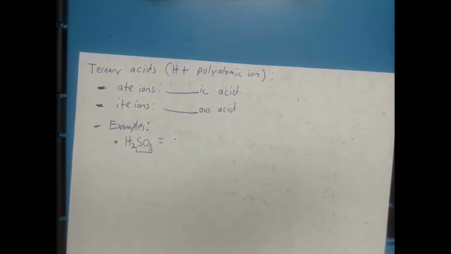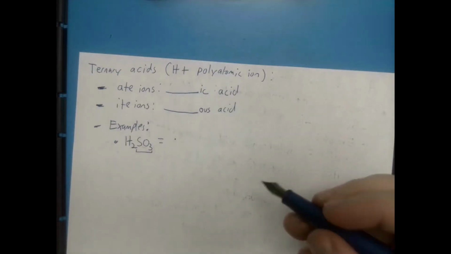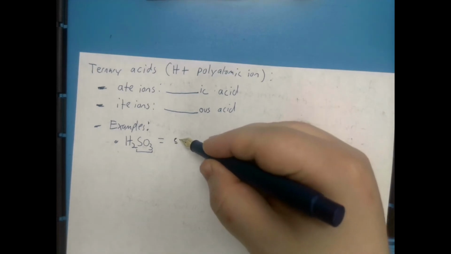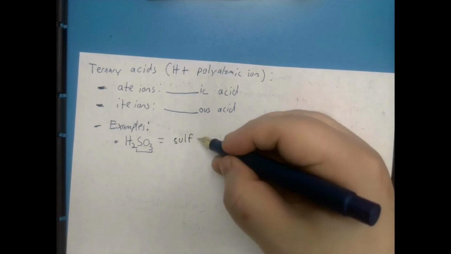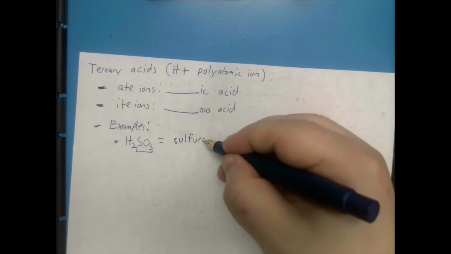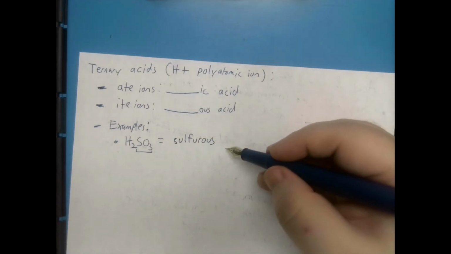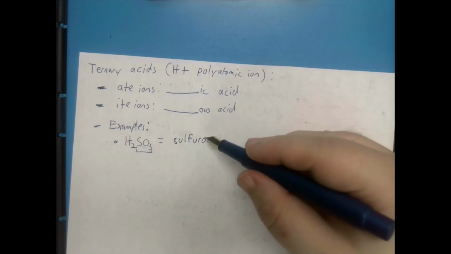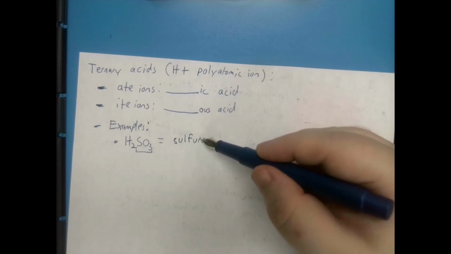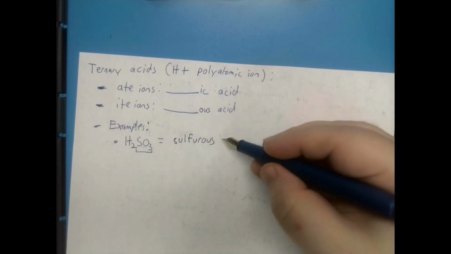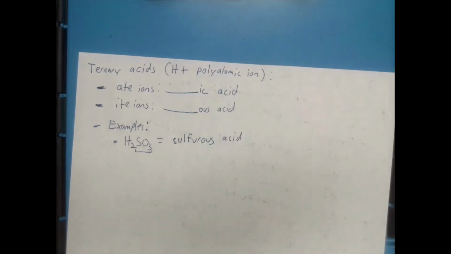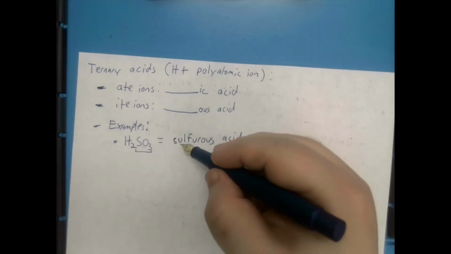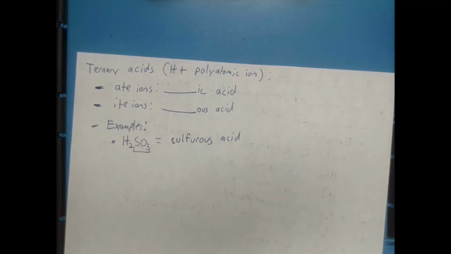So this would be, and again, on this one, this is sulfurous. So in this case, no, I'm wrong. You do not replace the ite with ous. You add ous to it. The proper sulfur is weird. I forgot that sulfur is an exception to this. So sulfite, we take the base word and we add ous.